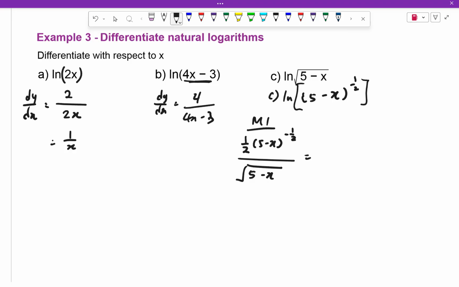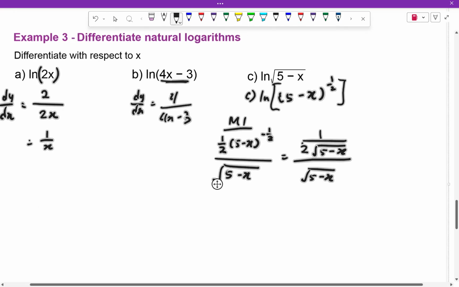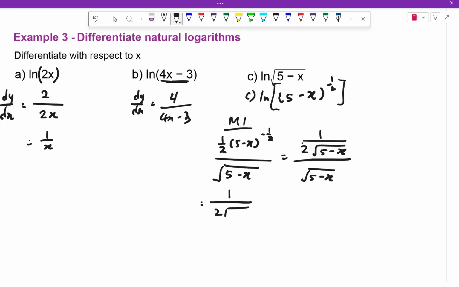Which is equivalent to 1 over 2, and then times our 1 over 2 a whole square root of 5 minus x over the square root of 5 minus x. What you will notice here is that it's equivalent to 1 over 2 square root of 5 minus x times dividing by the square root of 5 minus x, which is the same as 1 over 5 minus x.